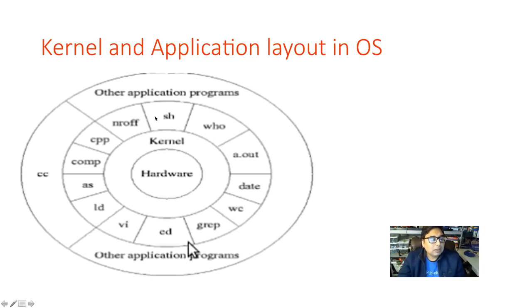And on top of that there are different kinds of applications or utilities, or maybe there is a shell. Here it is sh, which is the Bourne shell. It could have been the bash shell. And then there can be other applications which contact the kernel directly through system calls, or these applications might interact through the bash shell and in turn go to the kernel.